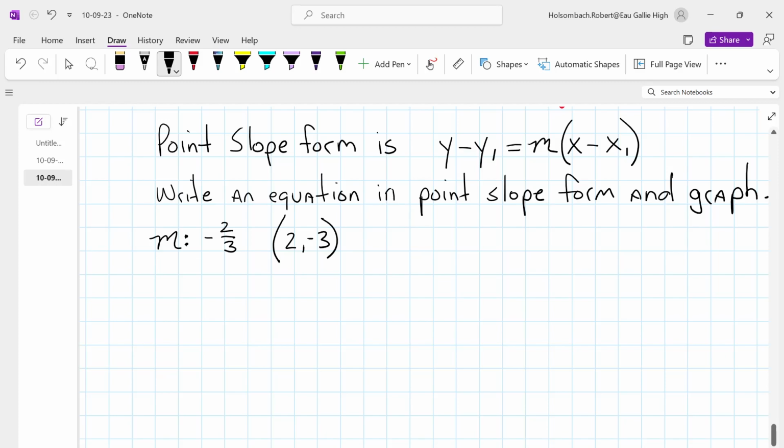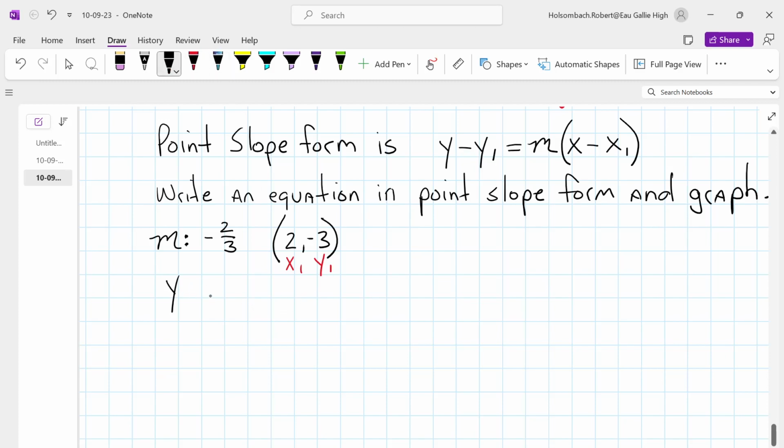Here's how you write this equation. You start it with the letter y. Next to the letter y goes the opposite of the y value at the point that you're given. So here's your x sub 1 and your y sub 1.